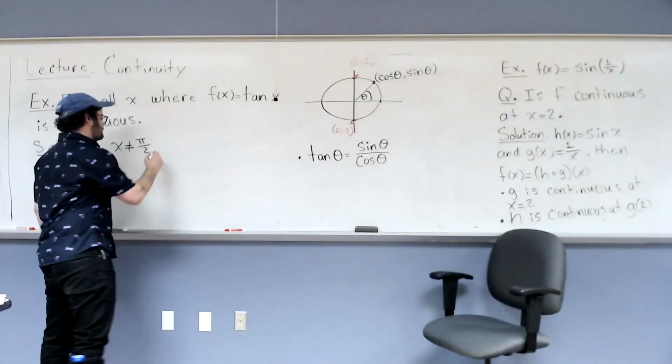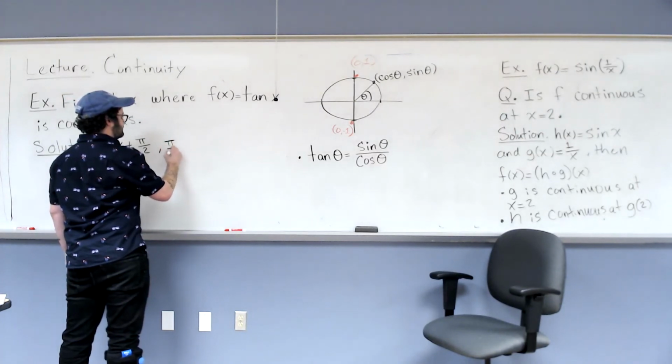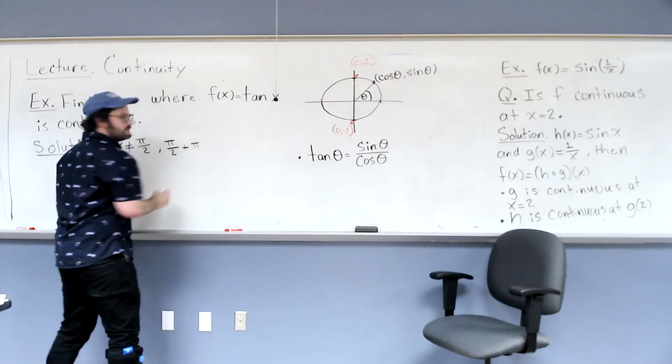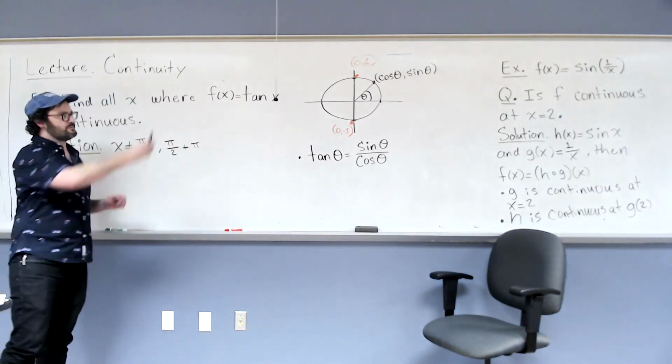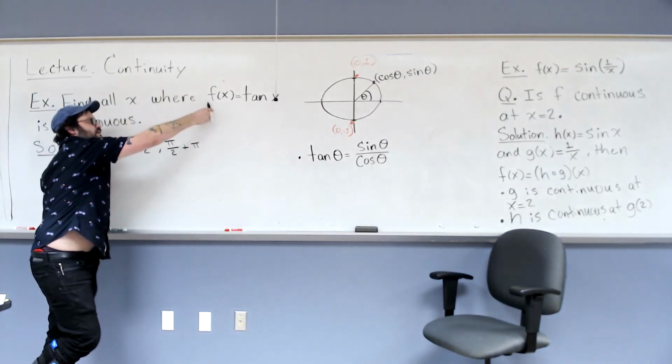Right. Or another way of saying that is pi over 2 plus pi, right? If we're up there and we want to go 90 degrees around, we add pi and we end up down there.